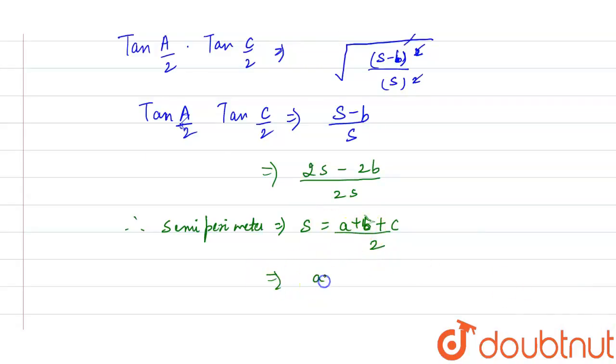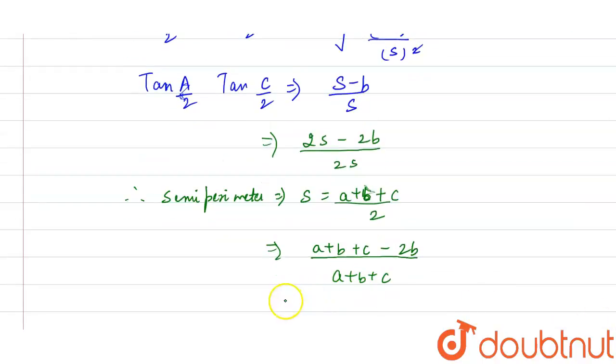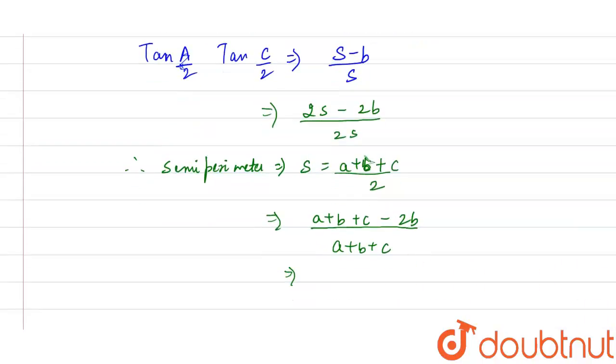So we get (a plus b plus c minus 2b) divided by (a plus b plus c). This becomes (a plus c minus b) divided by (a plus b plus c).